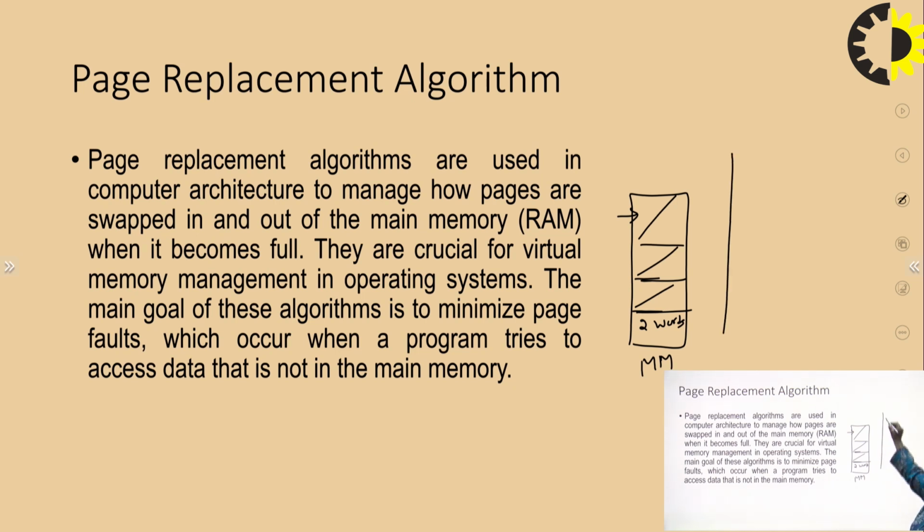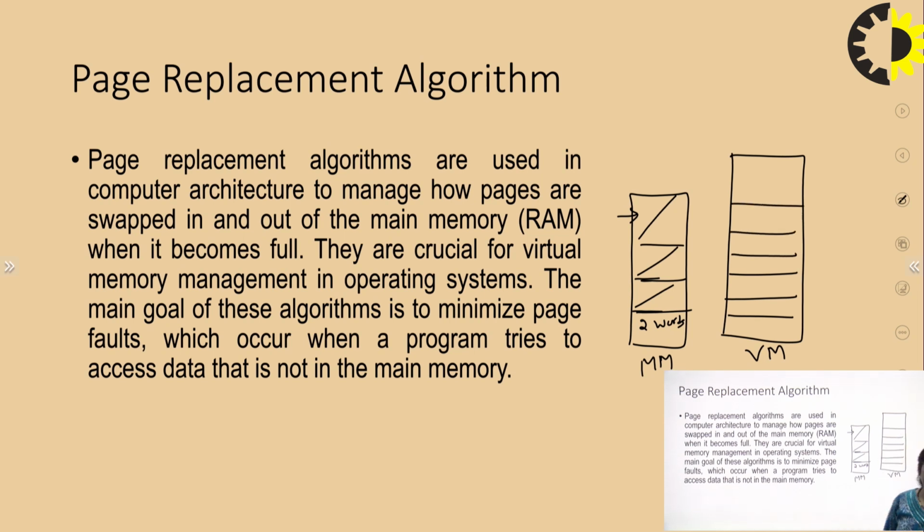So imagine there is a virtual memory. Fine. Virtual memory has a larger size as compared to the main memory. Again, there are so many blocks, and again they are of fixed size. If the main memory stores 2 words, then definitely the page size in this virtual memory will be 2 words.